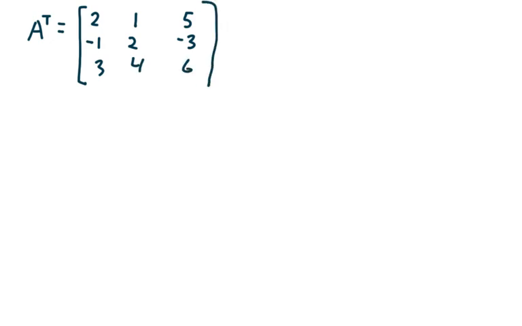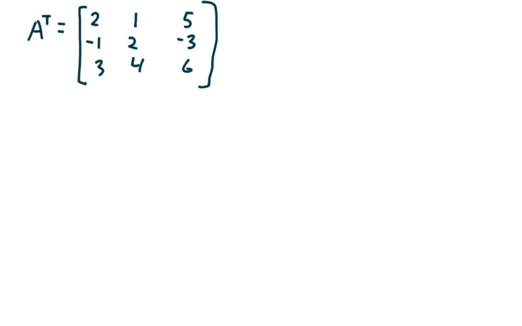Now, I want to look at A transpose. Let's remind ourselves. A transpose is the matrix 2, 1, 5, negative 1, 2, negative 3, and then 3, 4, 6. And then I'll expand.